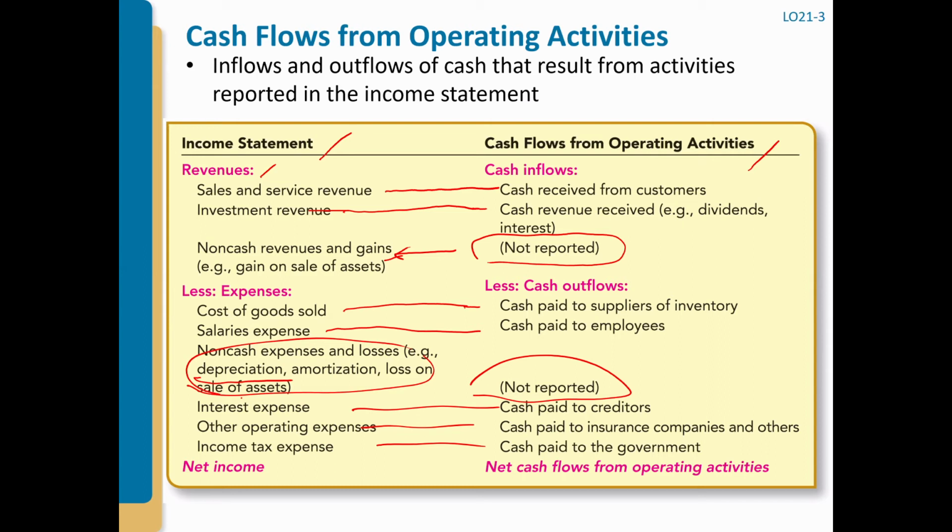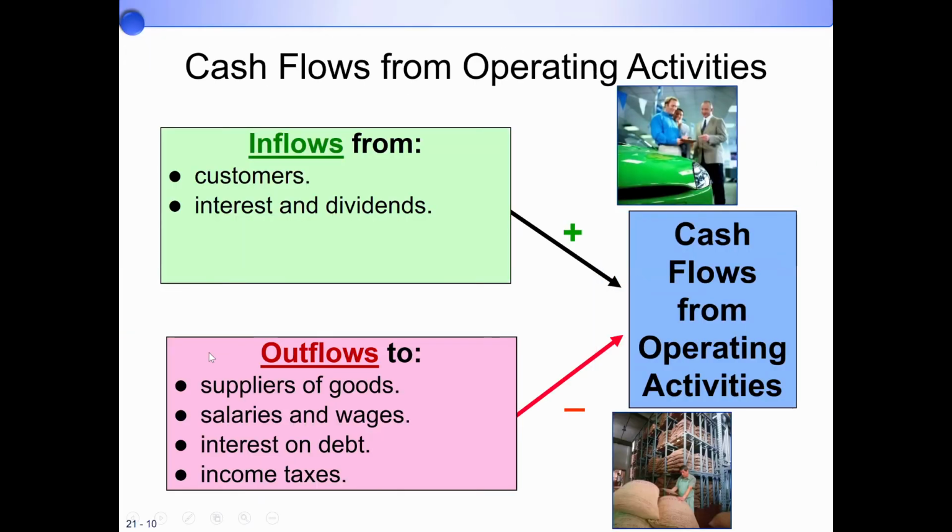So this just gives you a brief example, right? To see that the cash flows from operating activity are either revenue related activities or expenses related cash flow activities. Okay, so like this, right?